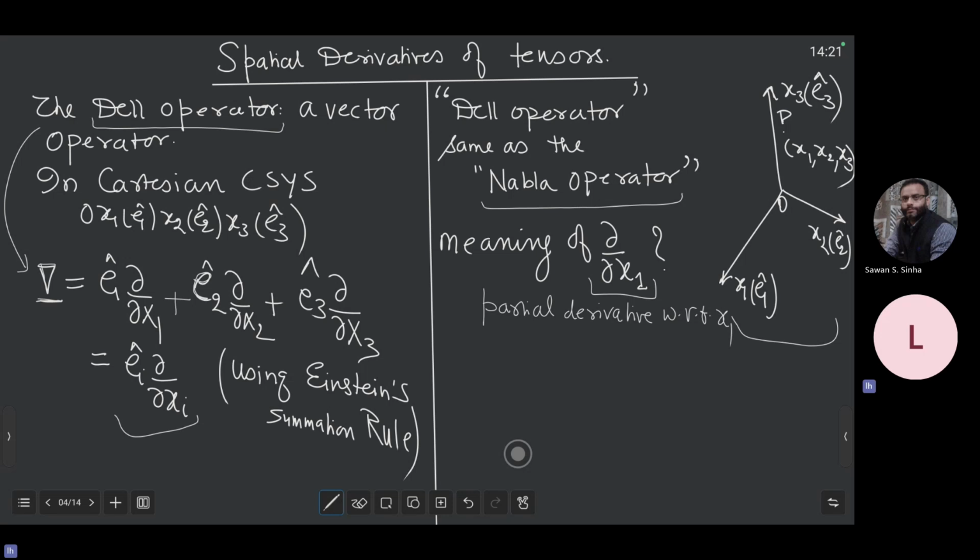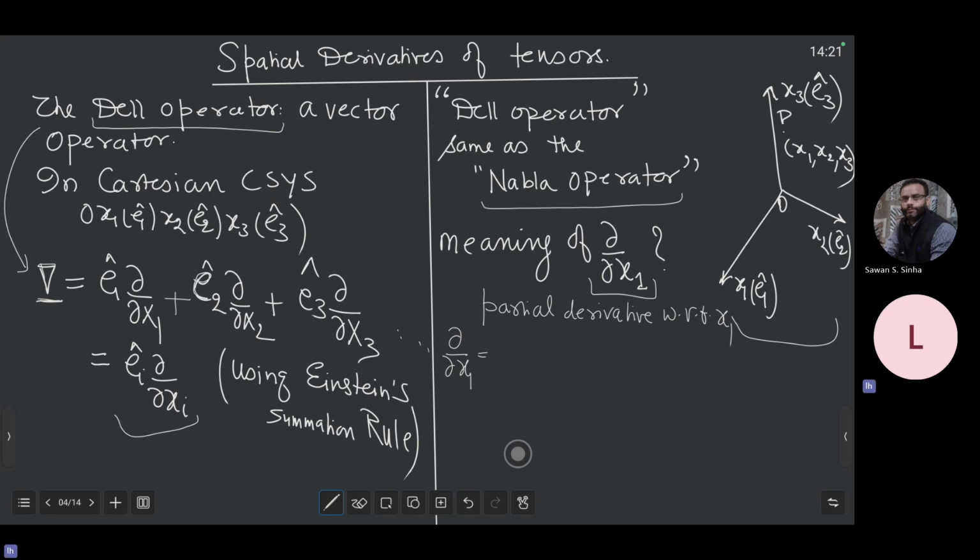What is x1? x1, x2, x3 are the coordinates of an arbitrary point referred to this Cartesian coordinate system. So what exactly is del x1? I mean, going to the very basic calculus. What does this mean? After all, this is a symbol. By itself, it doesn't mean anything. We must have signed an agreement at some point. This means something. What does that mean?